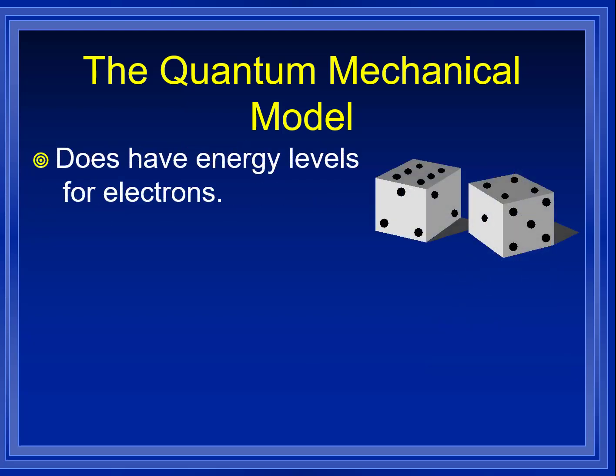It's got energy levels for electrons, but they're not the nice little circles that Bohr drew. They're waves. The energy level turns out to be 1 wave or 2 waves. So when we talk about Bohr, we talk about orbits.